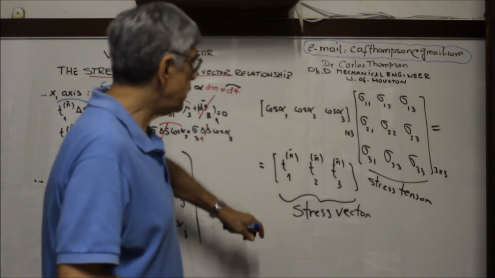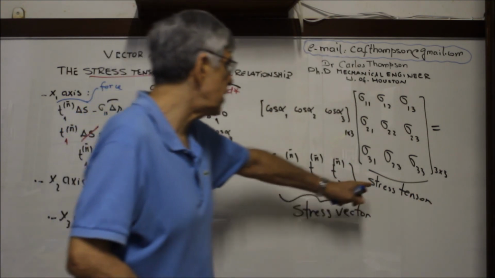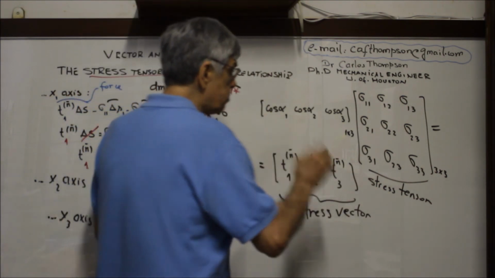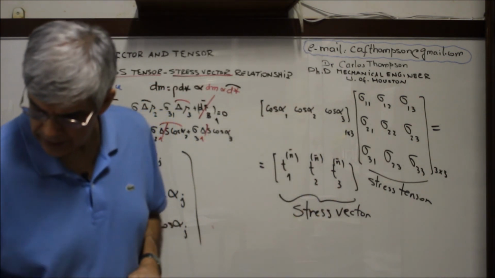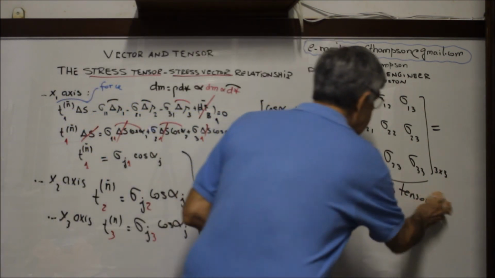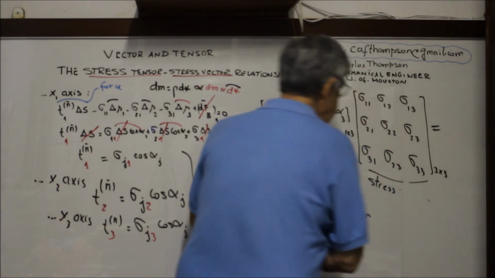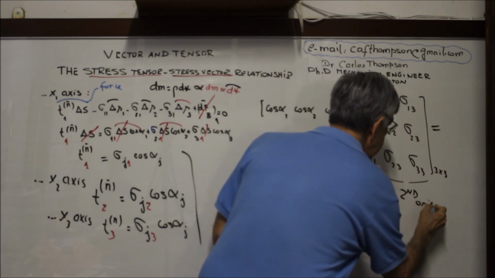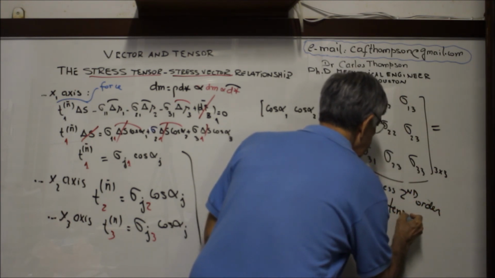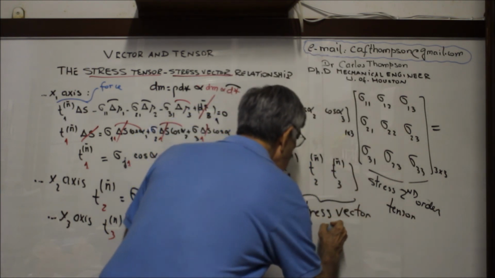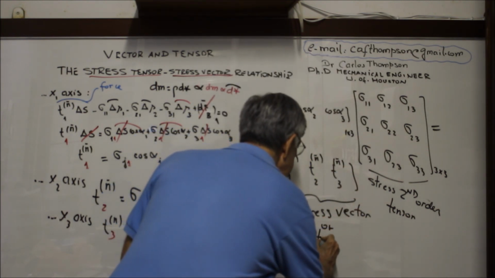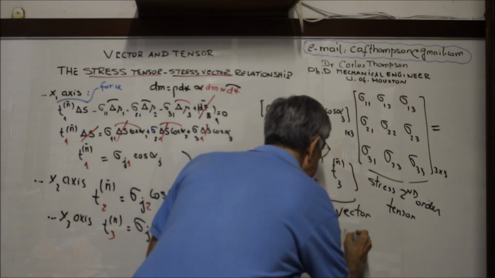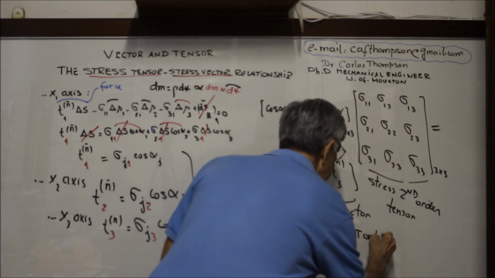Actually, a vector is a tensor. When you say stress tensor, it means stress second order tensor. It's better to write exactly: this is the stress second order tensor, and this is the stress vector, or stress first order tensor.